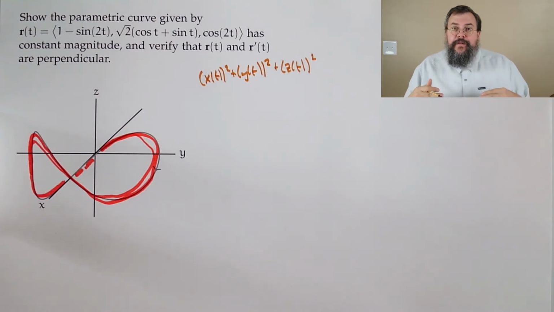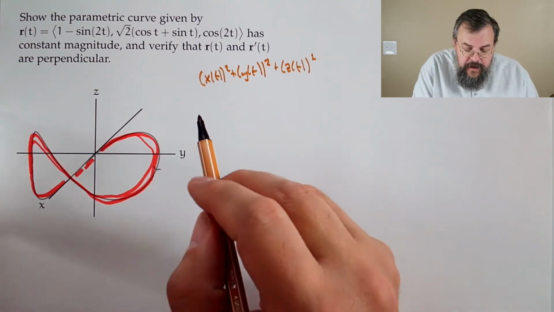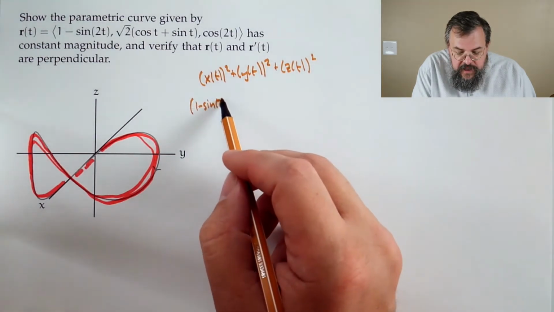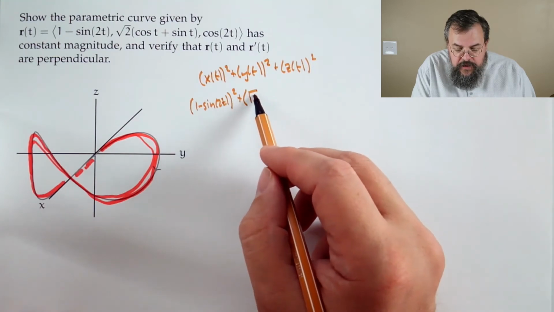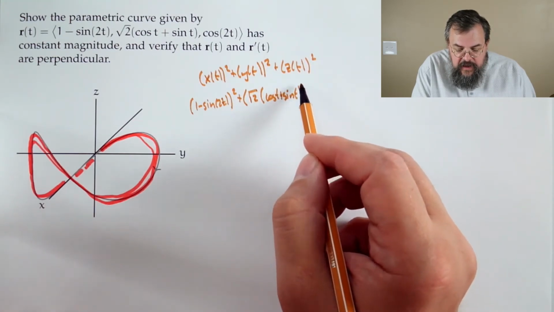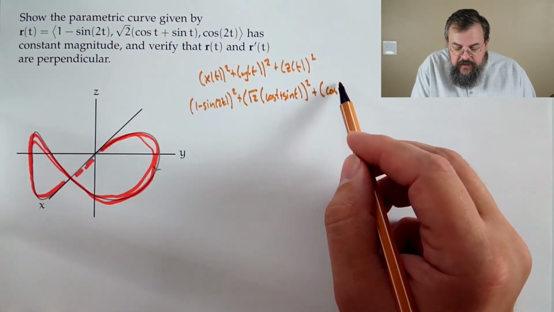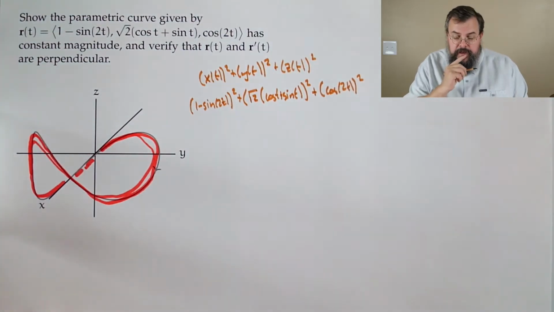It actually just simplifies down to a simple yes, no. What's happening with this expression? Well, our first term, we have 1 minus sine of 2t squared plus root 2 times cosine t plus sine t squared plus cosine of 2t squared. So that's what we've got to work on.